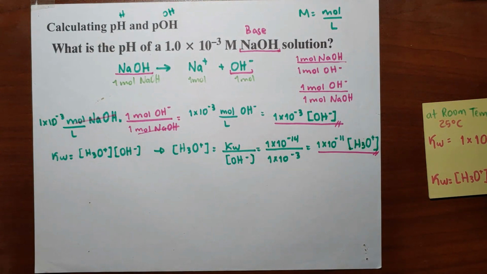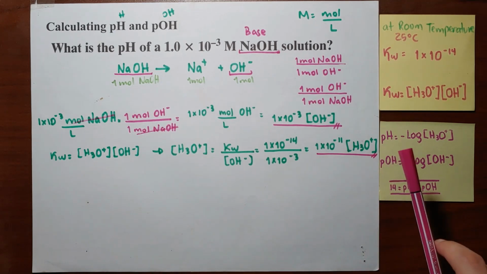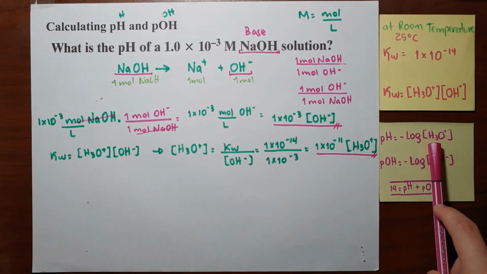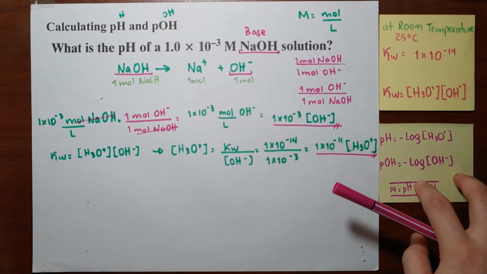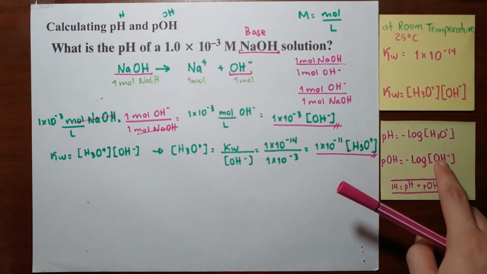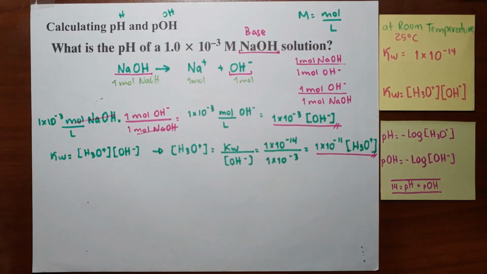How do we do this? We have a formula. To calculate pH, it's the negative logarithm of the hydronium concentration, and for pOH it's the negative logarithm of the hydroxide concentration, and when you add them both they should give you 14.